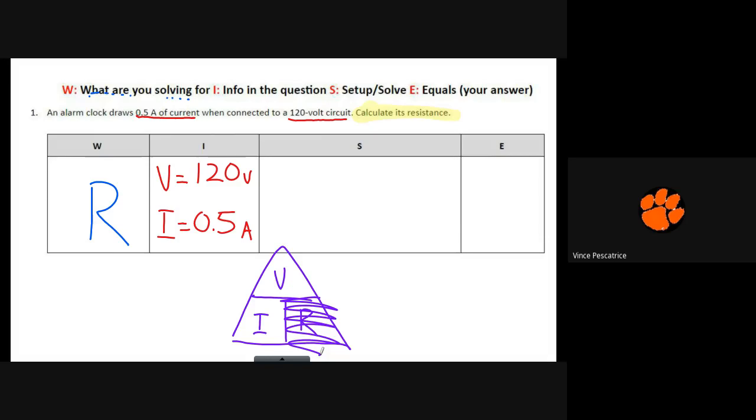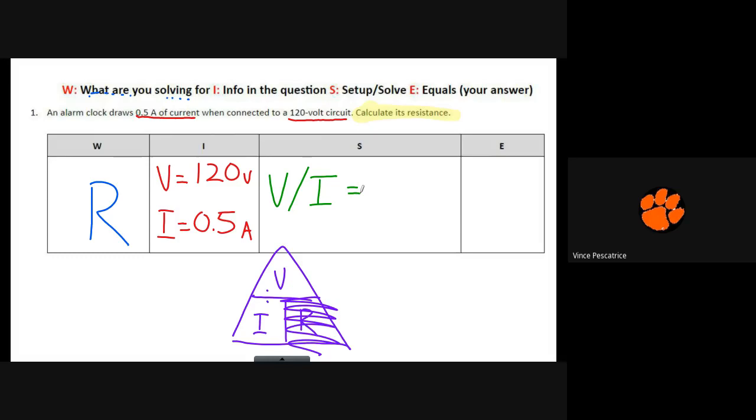So that will reveal that it's V divided by I. V divided by I is going to be your formula. So with a computer, you do division with a slash. So you do V slash I. And then do equals.